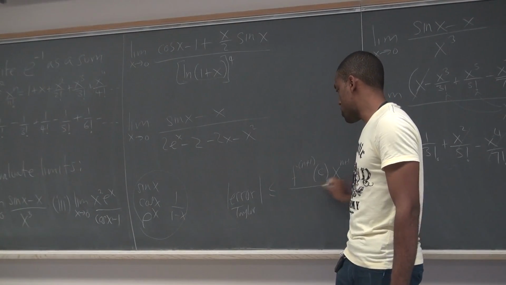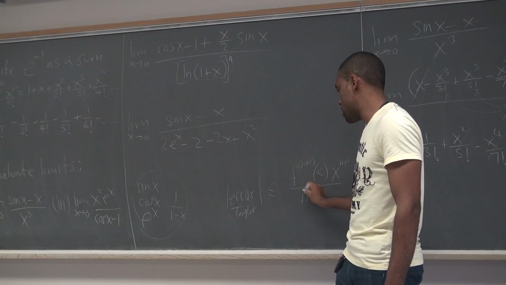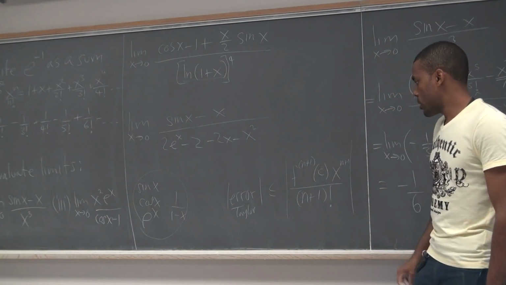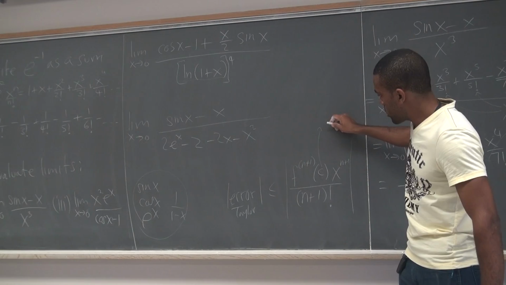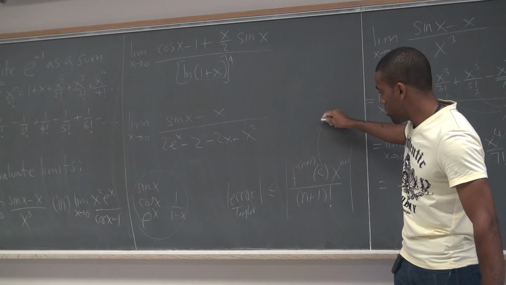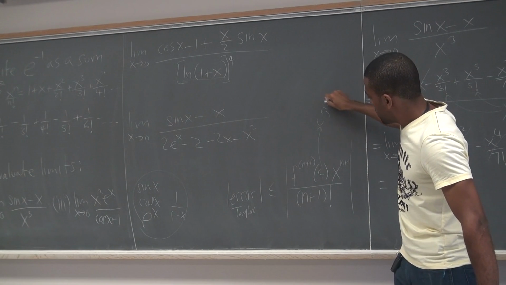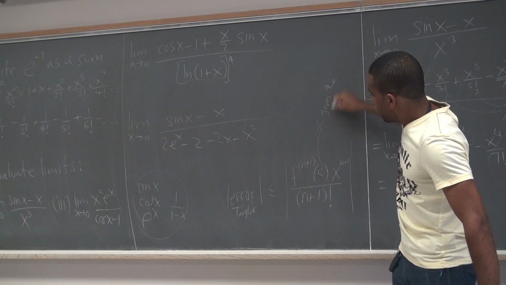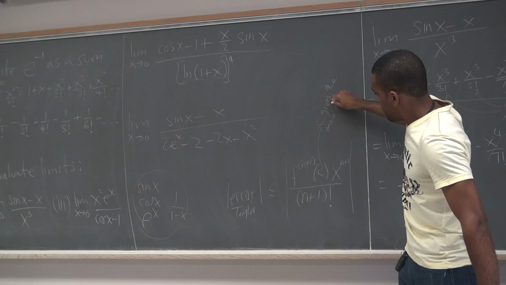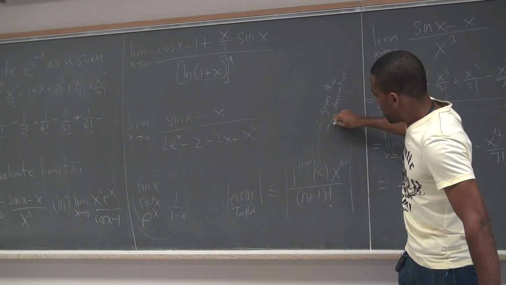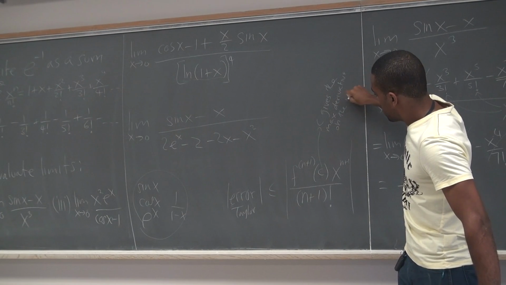The n plus first term approximates the first n terms of a Taylor series. C has to be inside the interval of consideration, a random number, but it's the maximum number. C gives the max derivative on the interval.